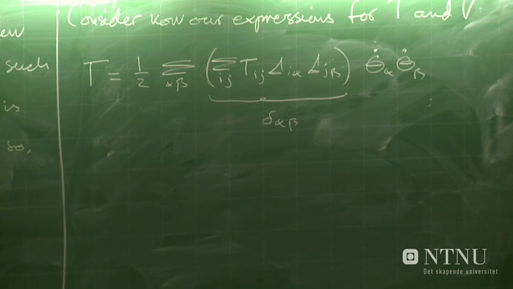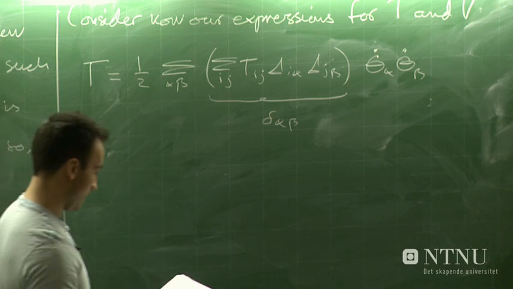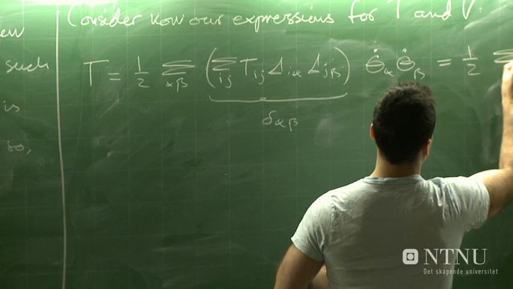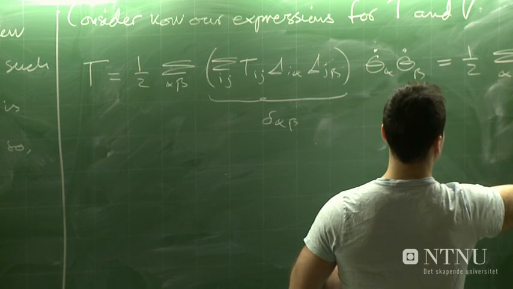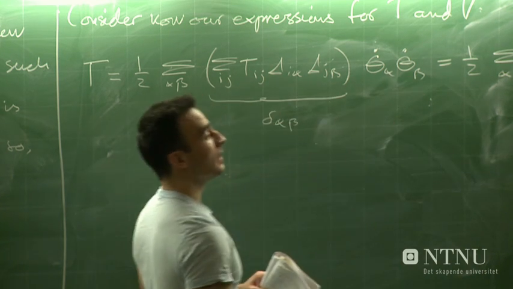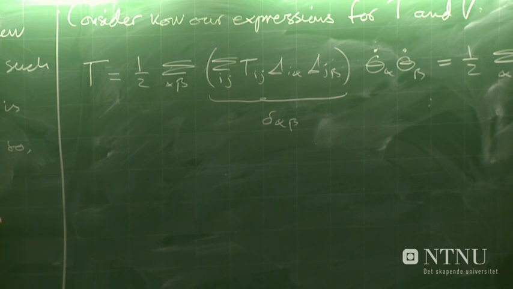So this part of the kinetic energy is simply the Kronecker delta in alpha and beta. And so the kinetic energy takes the following form.